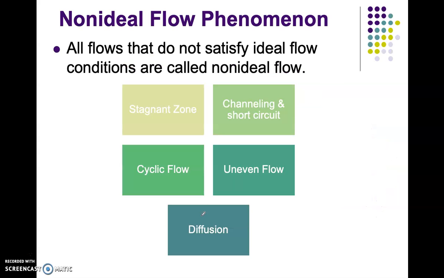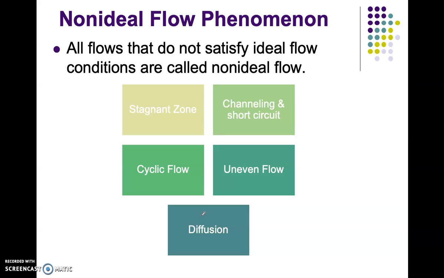First we need to know what the non-ideal flow phenomenon is. All flows that do not satisfy the ideal flow condition are called non-ideal flow. Just now we had two models to describe the ideal reactor, which are plug flow and the perfectly mixed reactor.